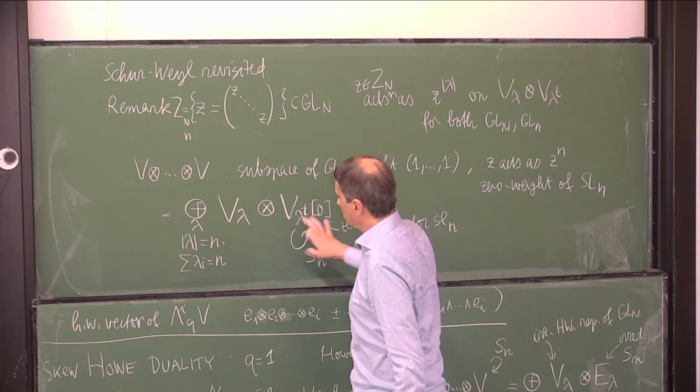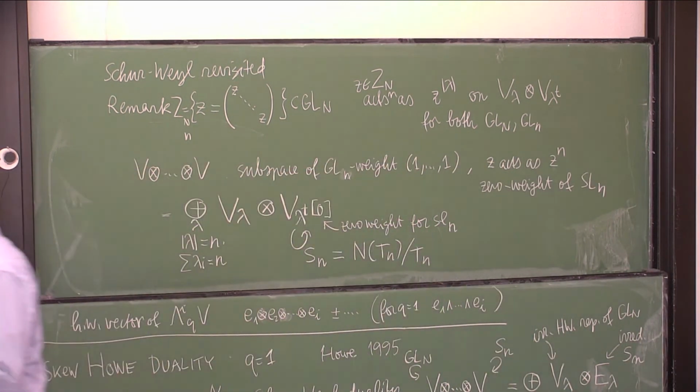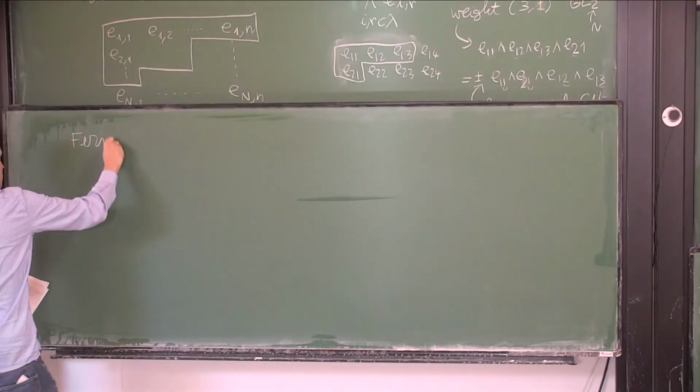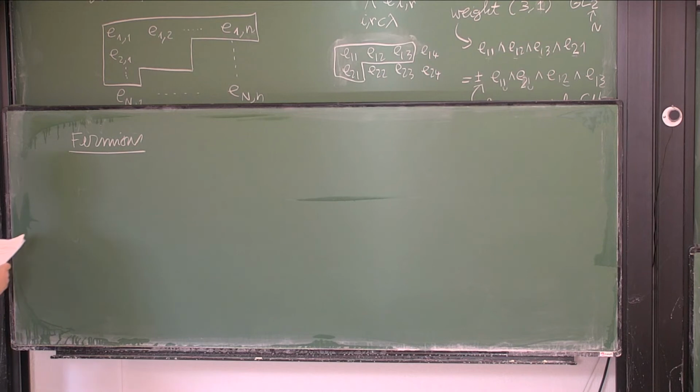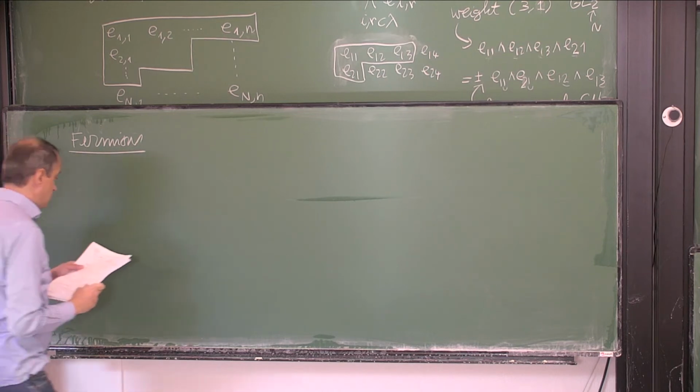So it's useful. Okay, but we will see that. So let me talk about fermions, and this will also give some explanations of some previous talks that we've heard. So, right.